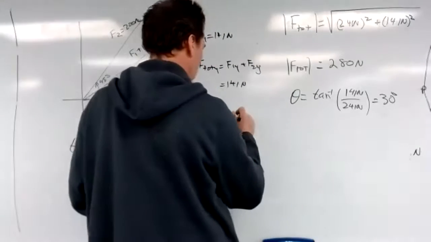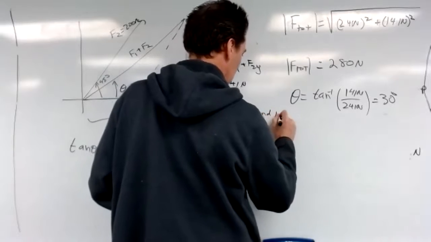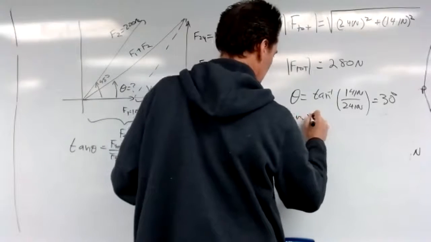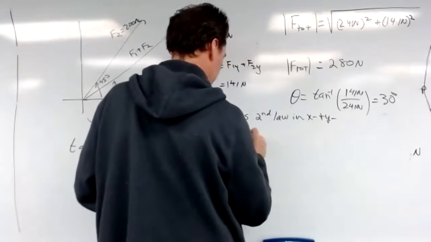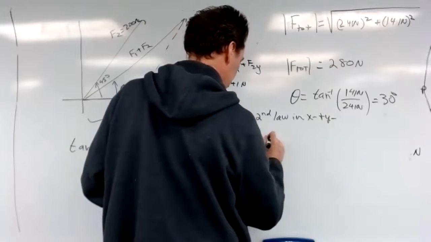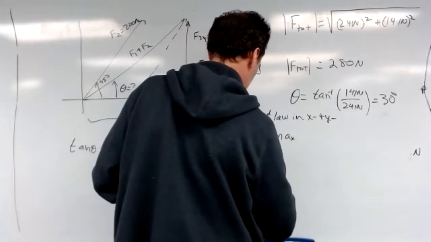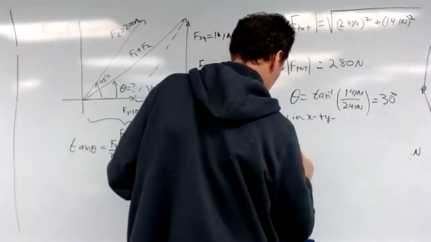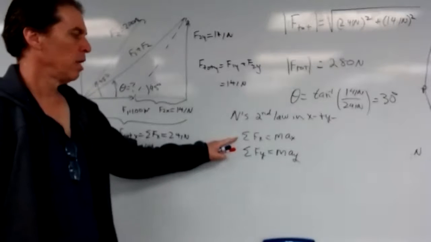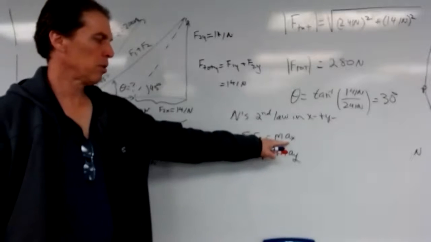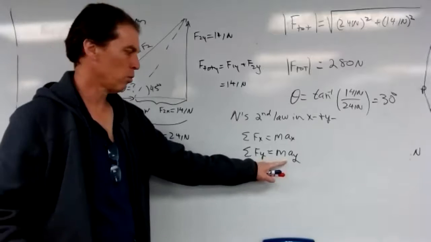We'll write Newton's second law this way. The sum of the forces in the x direction equals the mass times the acceleration in the x direction. The sum of the forces in the y direction equals mass times the acceleration in the y direction.